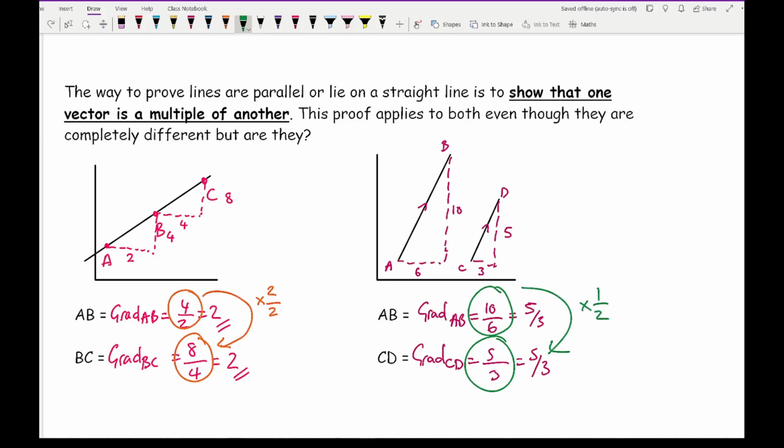The key thing to remember is that one is going to be a multiple of the other, and if you multiply one by the multiple, then they should be multiples of each other.